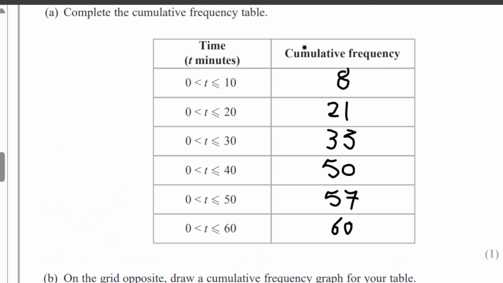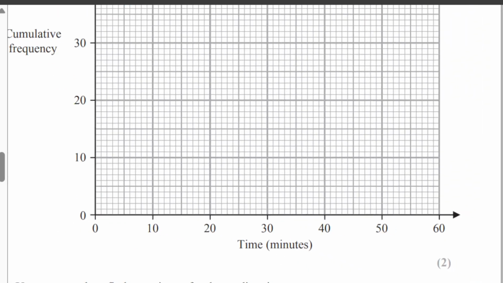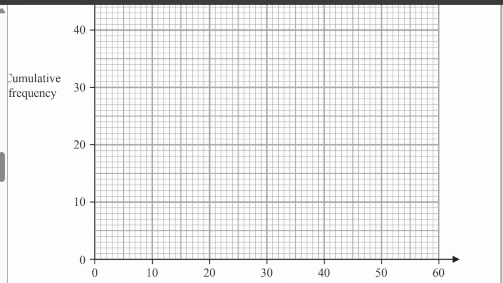Now, the first thing we do is we look at the first class here. It's from 0 to 10. We just look at the last number. So 10 and 8. This is a point, so we'll just make 10 and 8. So this is 10 here. And 5, 6, 7, 8. So this is the first point. I'll just mark it.